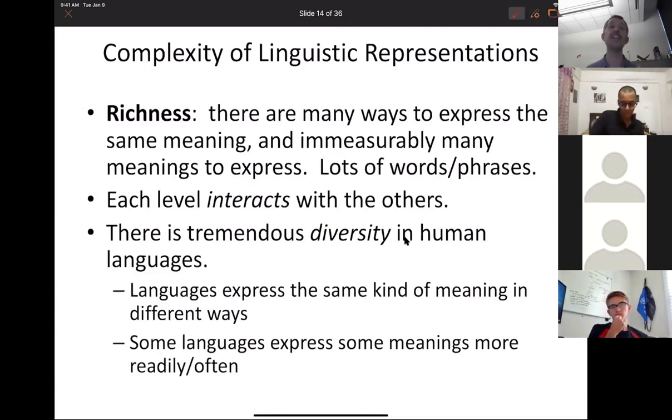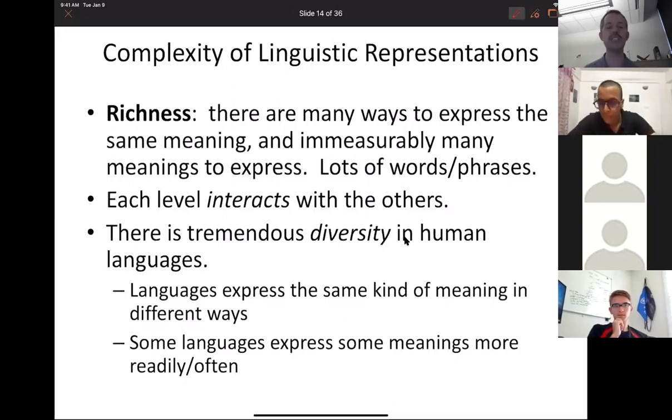Finally, there's a lot of diversity in human languages. In a way, we're all expressing the same kinds of meanings for the most part, but the mechanism that languages use to express the same meaning can be very different. They can employ very different strategies.